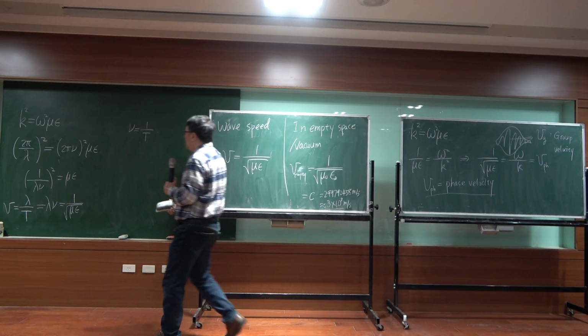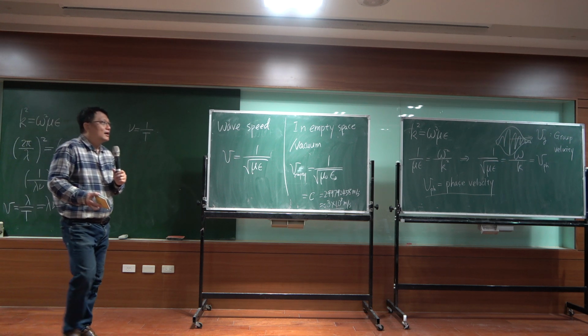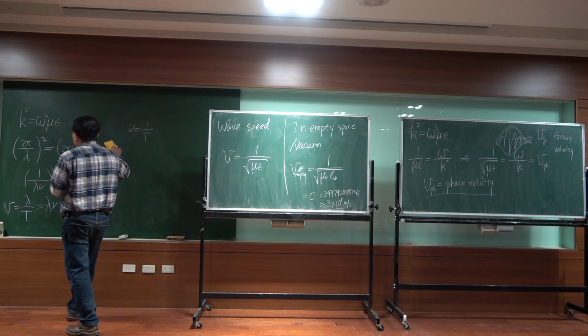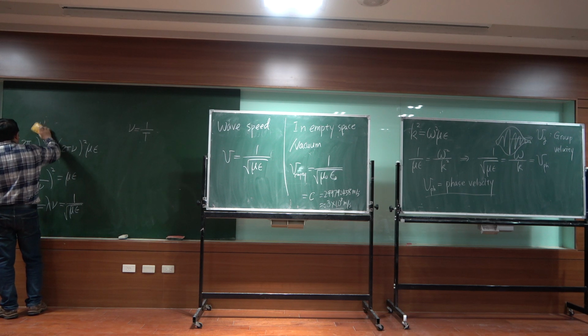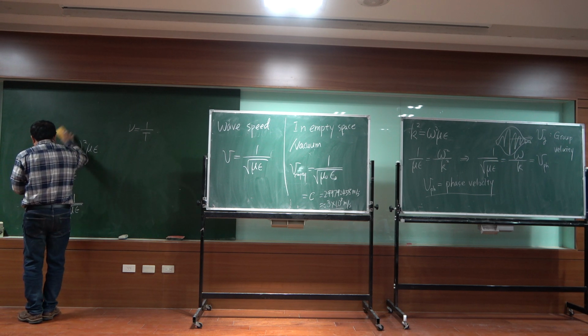Next we look at the Poynting vector and its relation to these. Now we want to know how to represent the time average Poynting vector for a monochromatic wave.